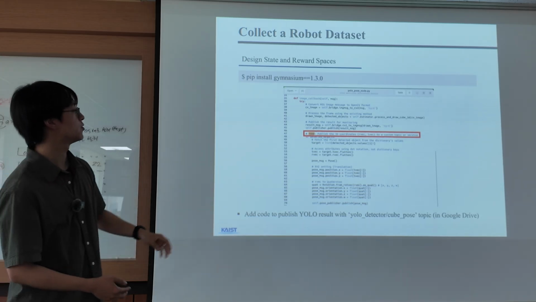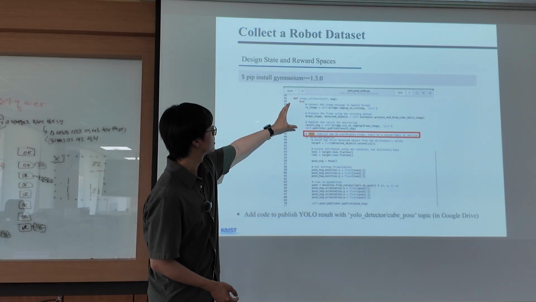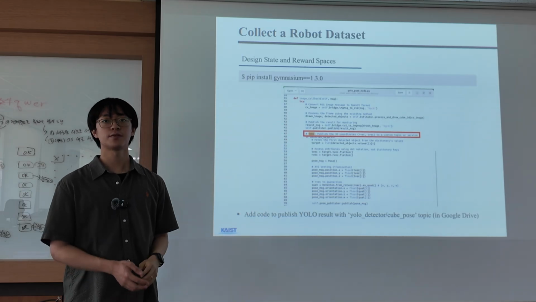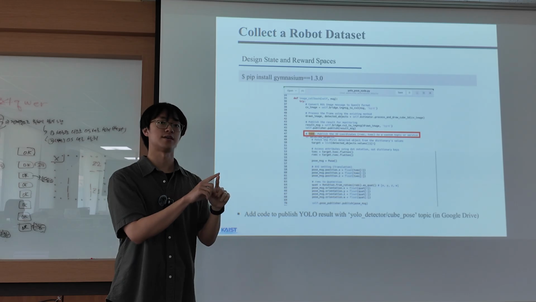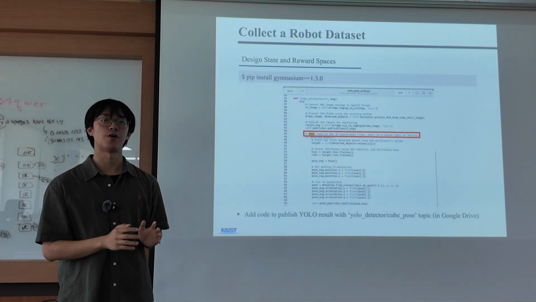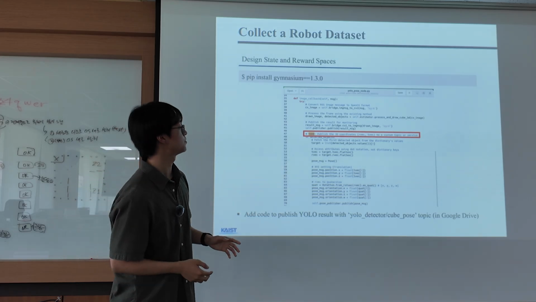At that time, we only processed the image, which is drawn with some rectangles or some axes to see where the position of the cube is.